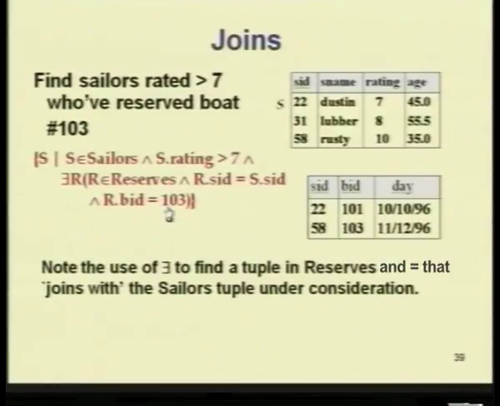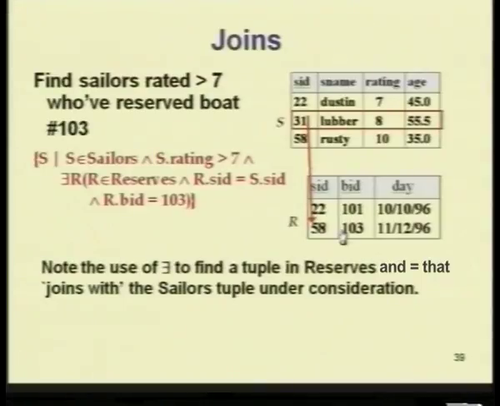So, that is what this is saying. This is a join relation. So, you take S and find the rating greater than 7. Then you find out whether this sid exists here, it does not exist, only this exists, but that rating is not 7.